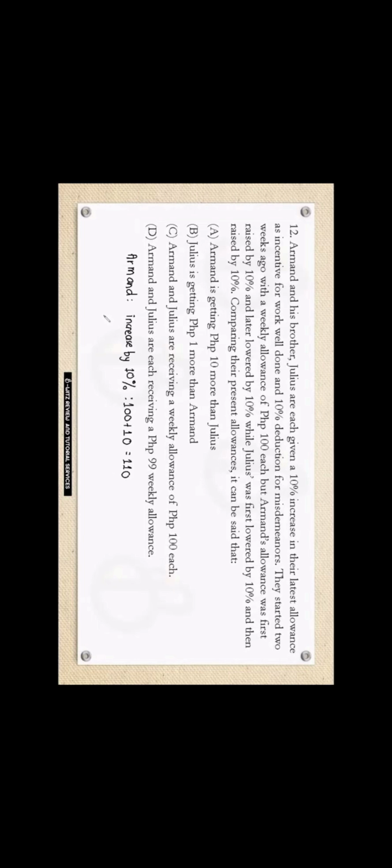Now, second, we have a decrease by 10%. We have to use this 110. So a decrease by 10%, we need to subtract 11 from 110, and we will get 99.